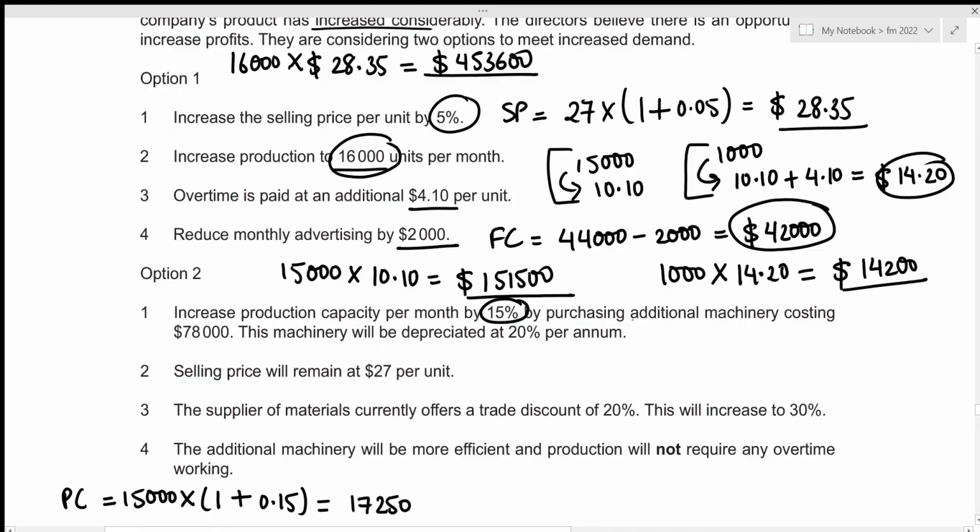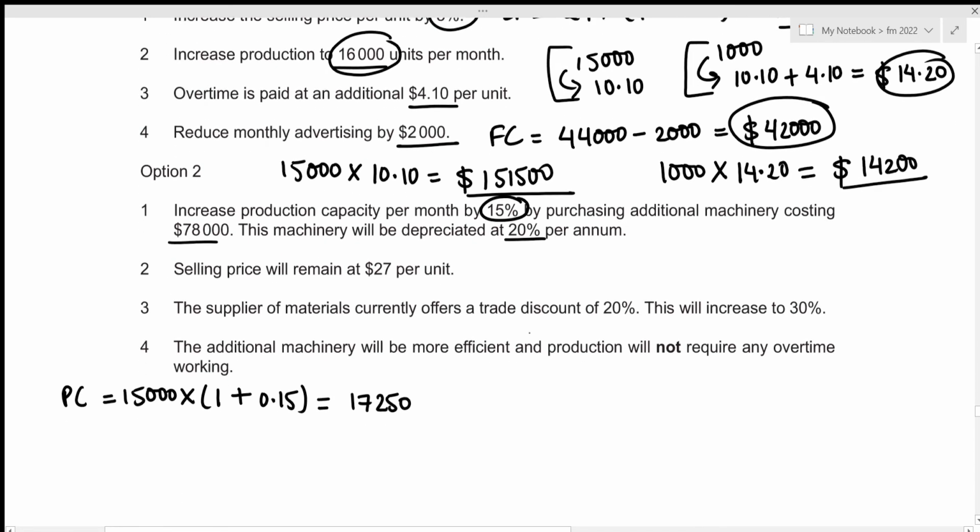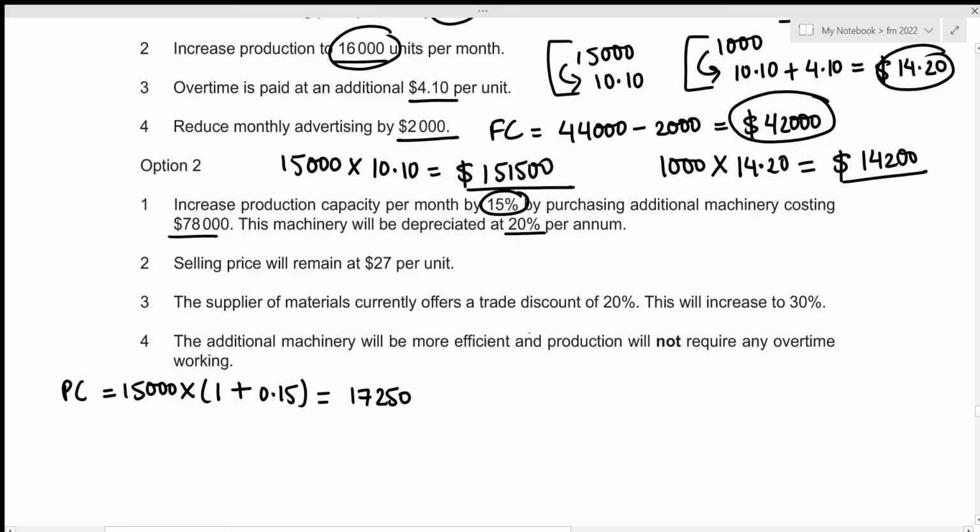Okay, then we will increase the production capacity by purchasing additional machinery costing 78,000, and this machinery will be depreciated at 20% per annum. Alright, so this depreciation per month will also act as a fixed cost. So let's figure out the depreciation charge per month.